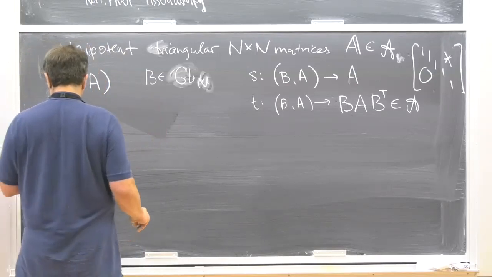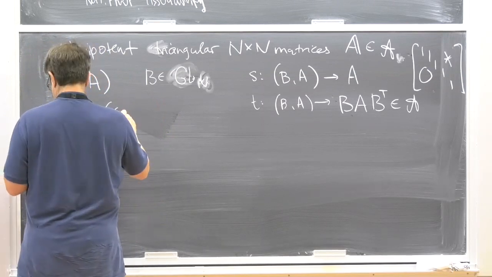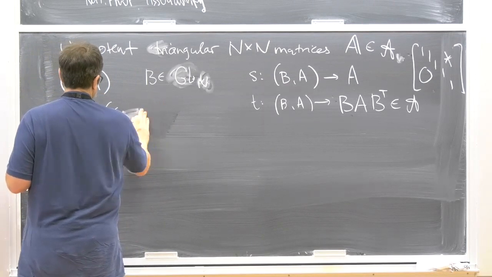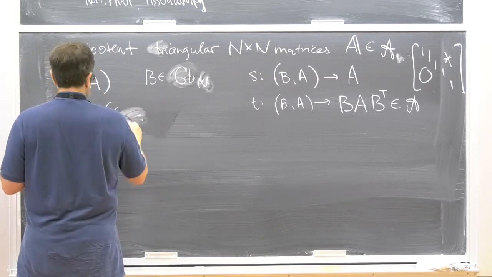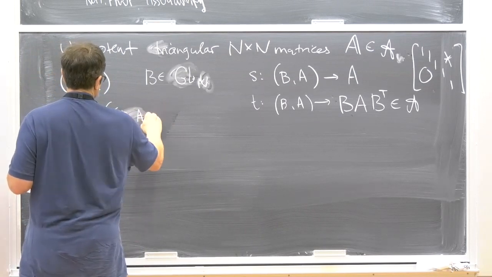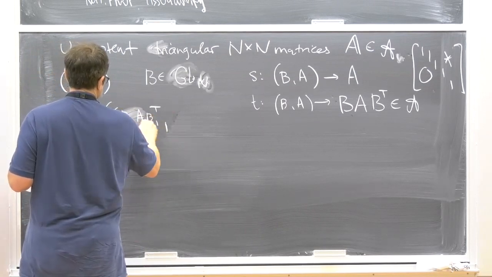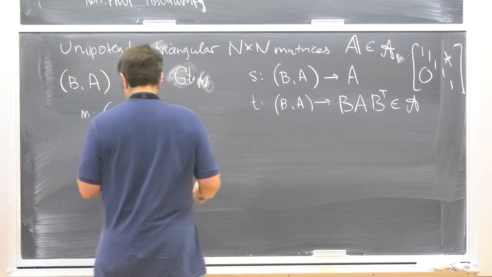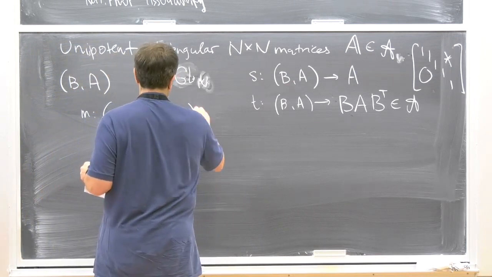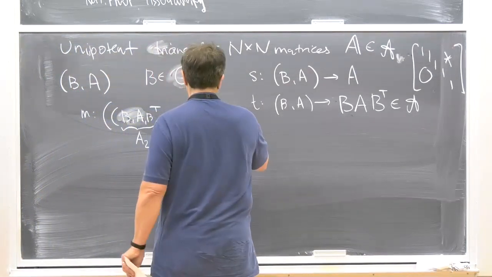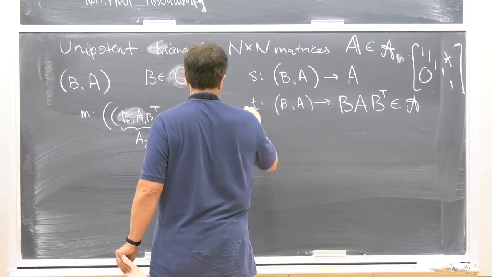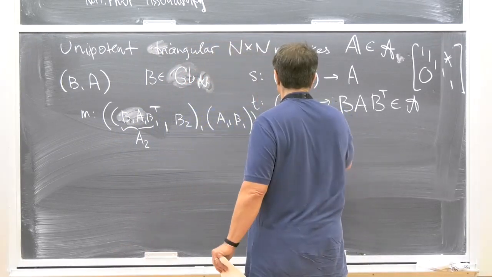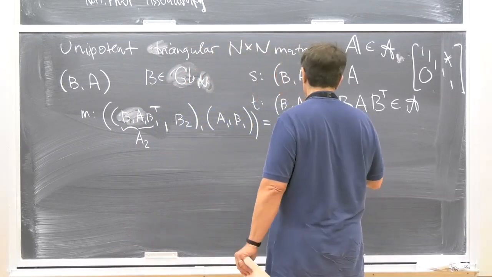But nevertheless, about multiplication, it's easy. We just have two pairs, A2, B2 and A1, B1, and the result of multiplication is basically just the pair A, B1 B2.